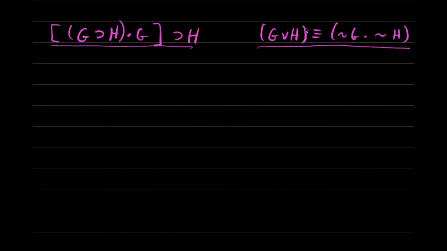In each of these statements, we only have two types of letters, G and H. So we're only going to need 4 rows, 2 to the second power. Underneath the first letter, in this case G, we're going to set half of those to true and half of those to false. So true, true, false, false. And wherever you see a G, we're going to repeat that. True, true, false, false. Same thing here. True, true, false, false. Same thing here.